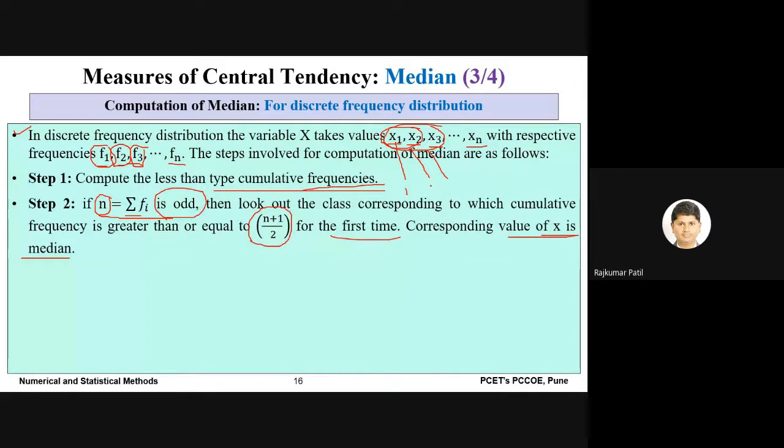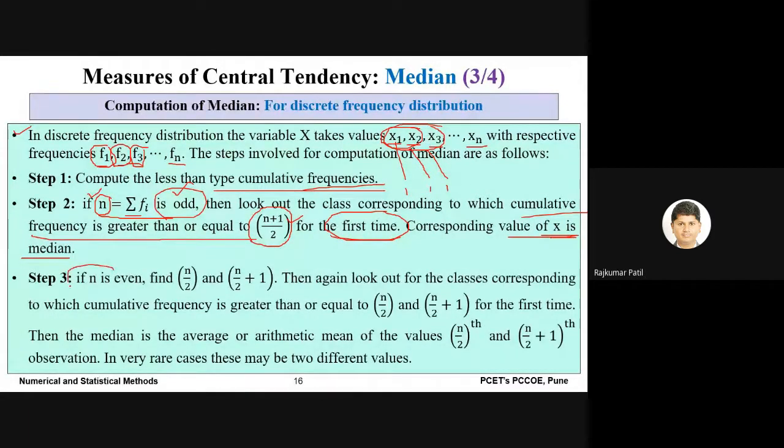So this is how you prepare the values, then you calculate the value of n, and if n is odd, then you check the cumulative frequency. When it is greater than or equal to (n plus 1) upon 2 for the first time, that particular x is the median.